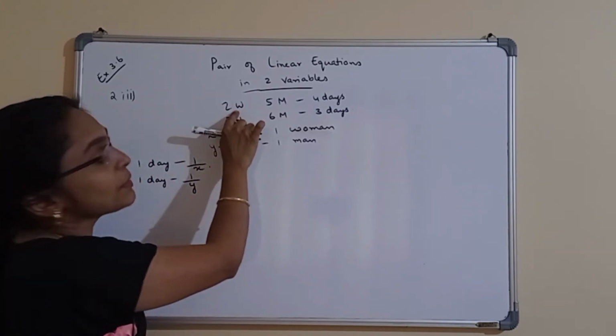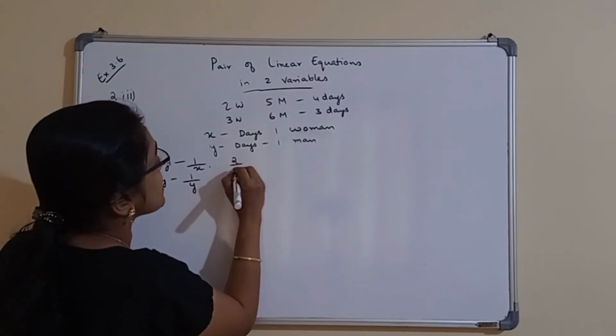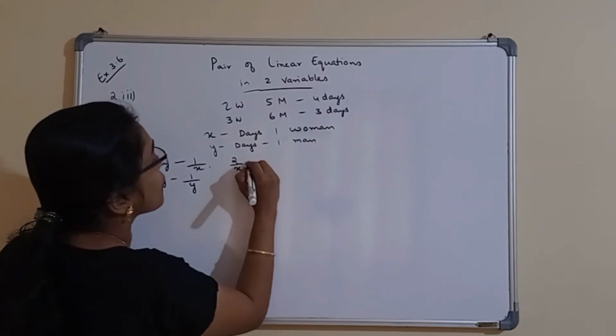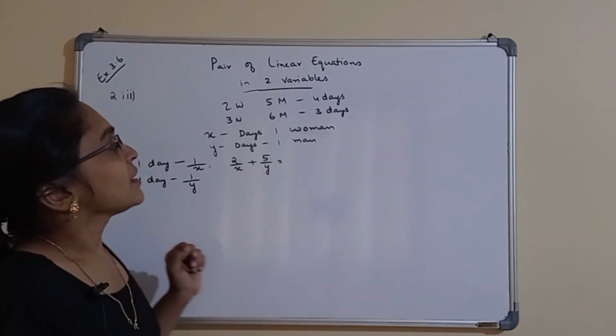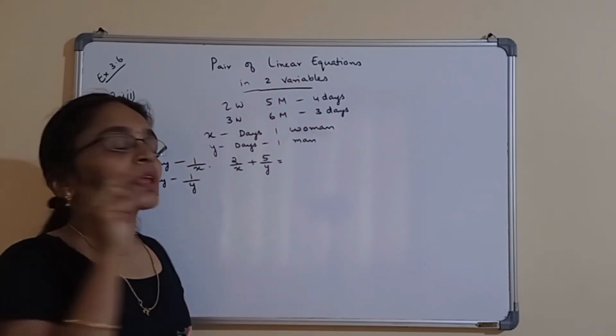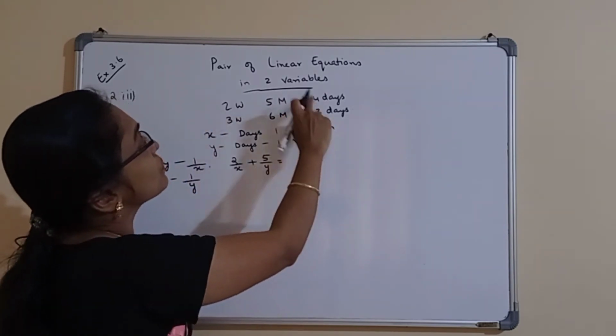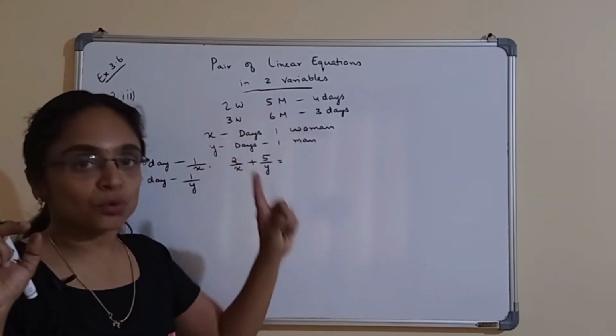So 2 women will complete how much work in one day? 2 by x, and 5 men will complete 5 by y of the work in one day, right? And so this is equal to 4 days. 2 women and 5 men can complete the work in 4 days.